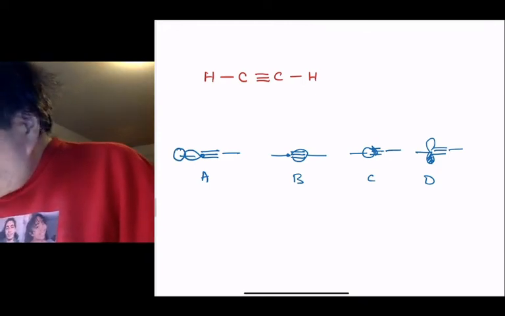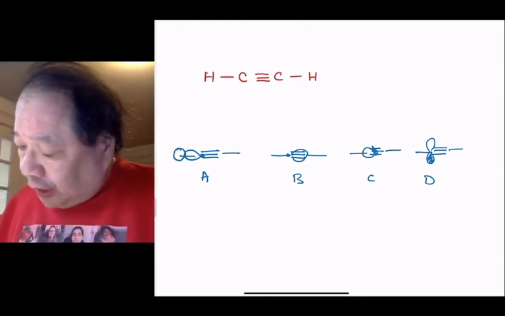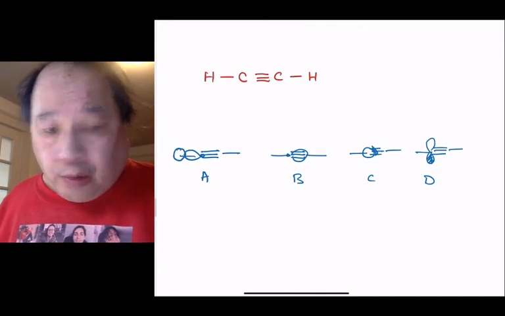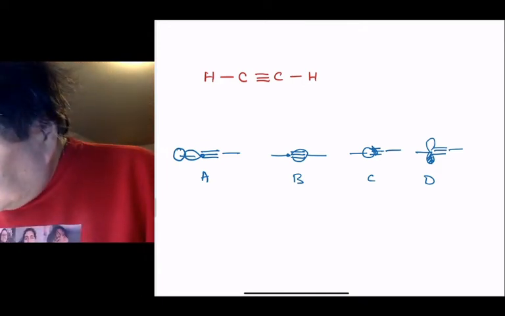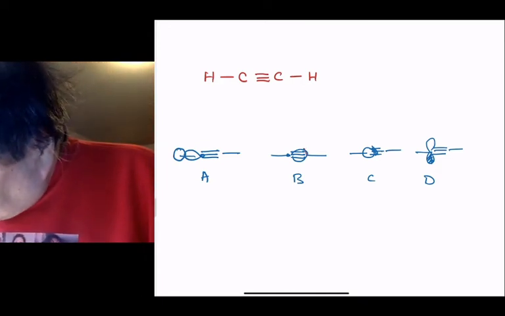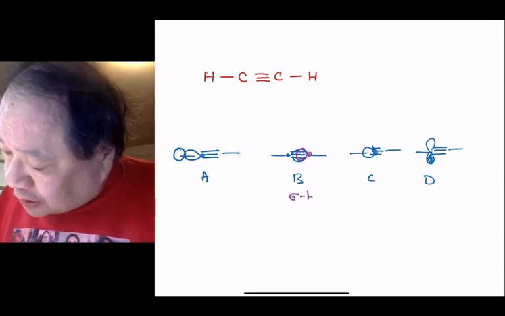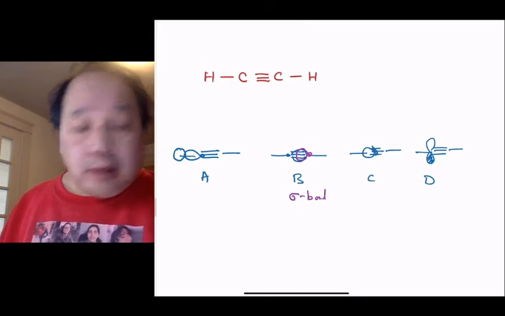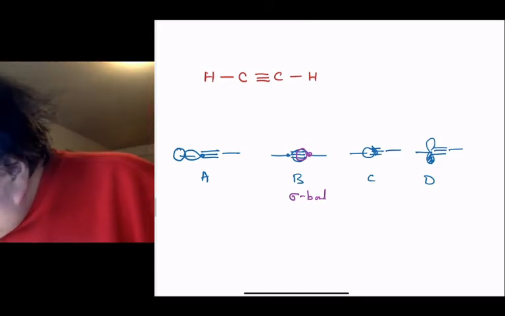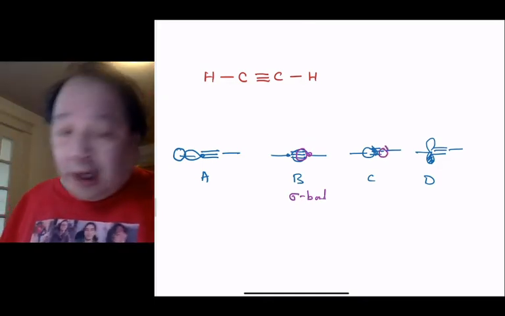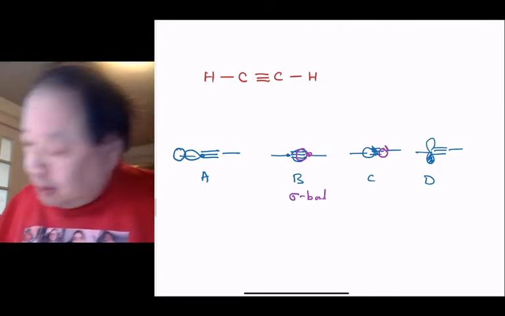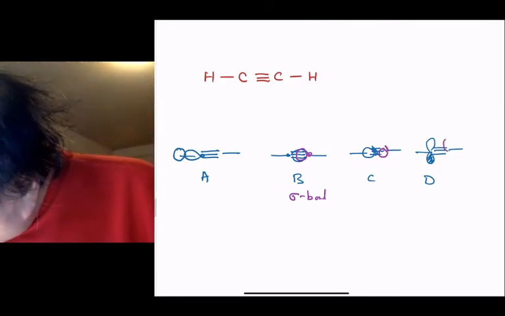And again, we're going to draw what kind of bond can B make, sigma or pi to the other carbon? And the answer is sigma. What kind of bond can C make? And the answer is pi. What kind of bond can D make? The answer is pi.